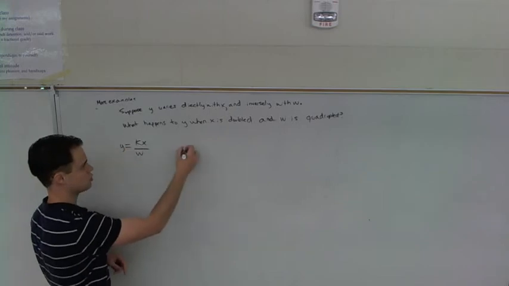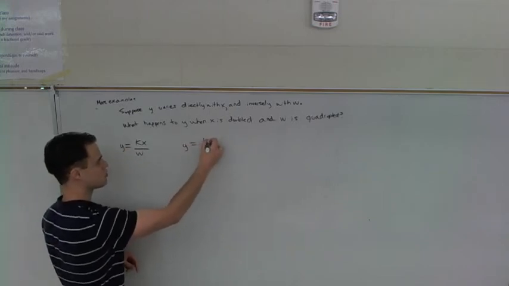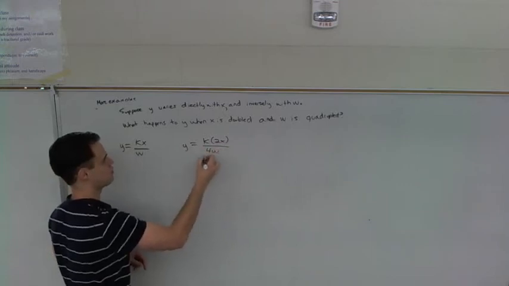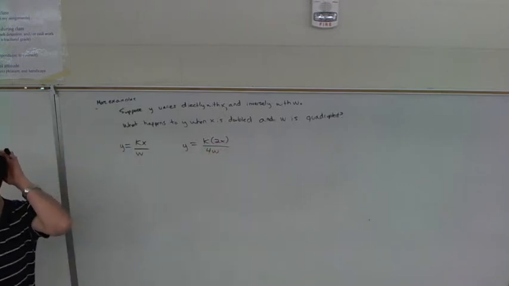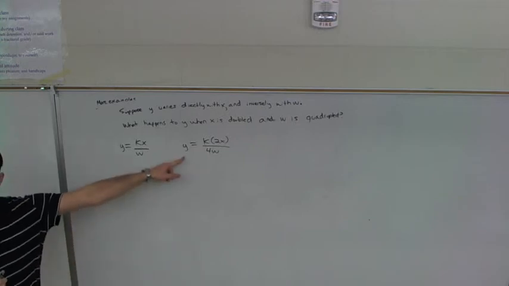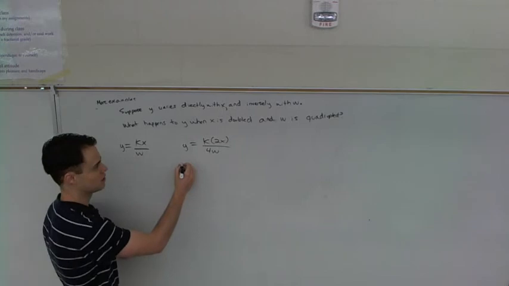Here's the original, here's the new one. So put a 2x for x, and a 4w for w. Now, can you just look at that and be sure what happened to y? It's not as easy.